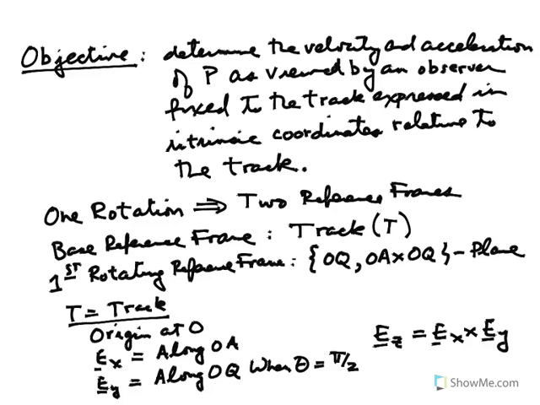The next coordinate system, let's call this reference frame. Now that we've defined that, we're going to call this the plane, which is going to be formed by OQ and EZ, where EZ is that direction which is formed by OA crossed with OQ. It's the same thing as long as theta is not equal to 0. That's a well-defined plane.